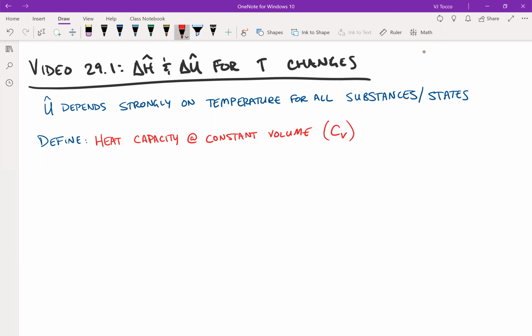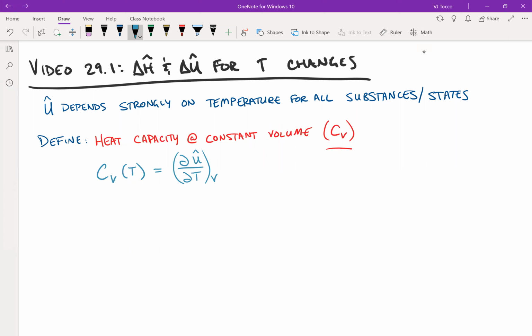It is the heat capacity at constant volume, and the variable name given to this is C sub V. Sometimes it's also written as C_V of T, because heat capacity is a strong function of temperature. Heat capacity is given the thermodynamic definition of the partial derivative of internal energy with respect to temperature at constant volume.